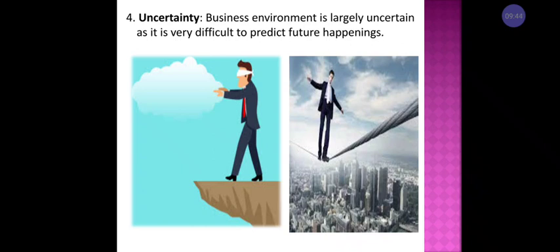In the picture you can see on the slide, it is very difficult to manage or to see the future. So it is very difficult to predict what will happen in the future. Maybe like COVID-19, we cannot expect what will happen in the future. Understood? It is called uncertainty.